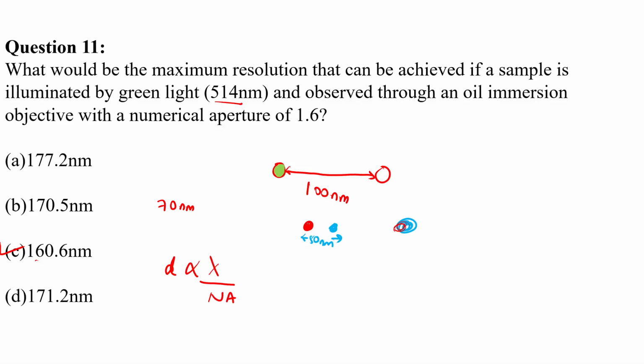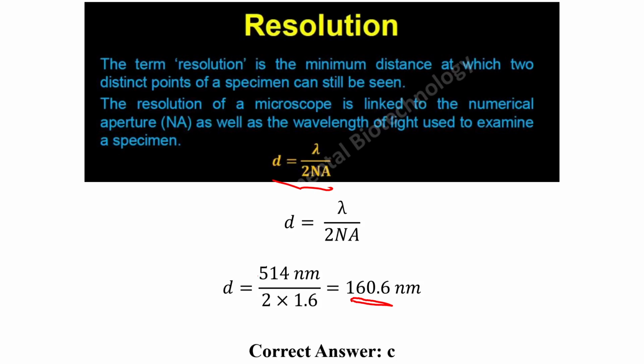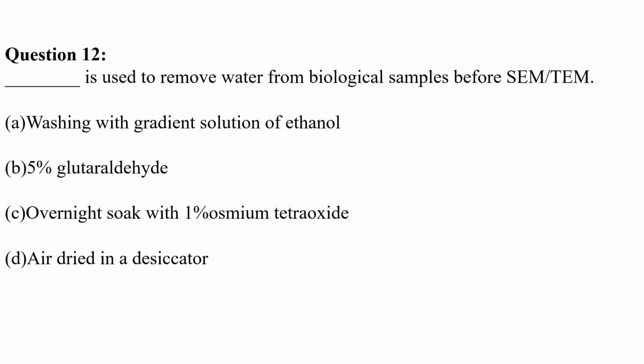So this was a direct question where you had the wavelength, you had the numerical aperture, and you can directly calculate the resolution. But if there is a situation based question, then you should understand the concept of resolution first before answering any such question. So for this question the correct answer is option C, as I have mentioned.